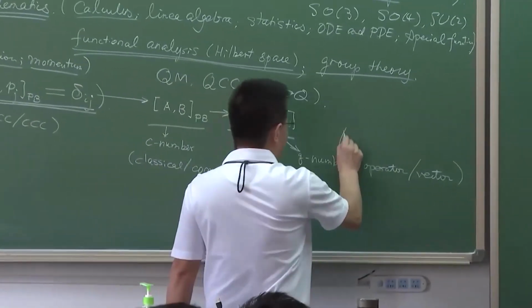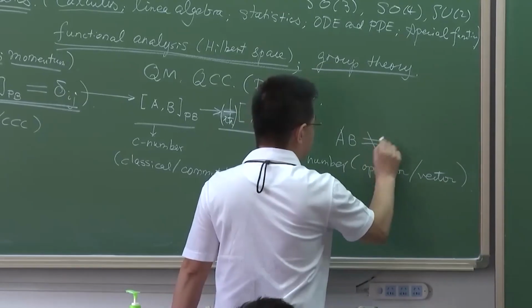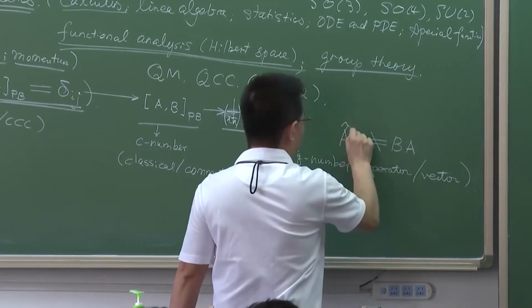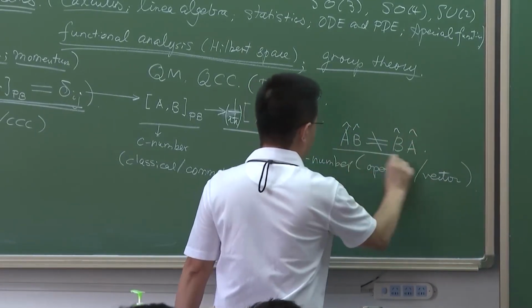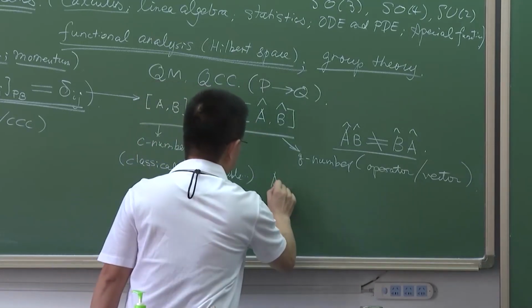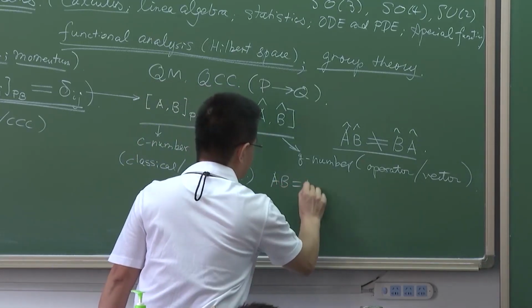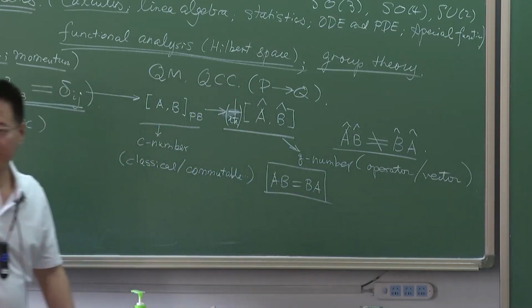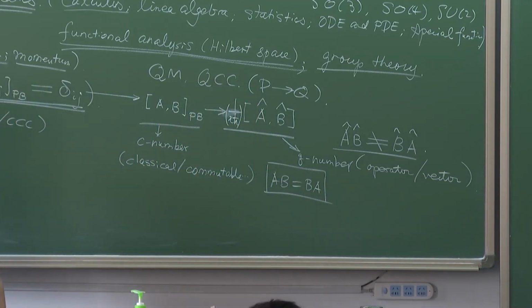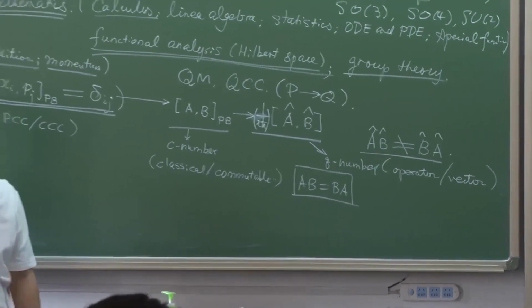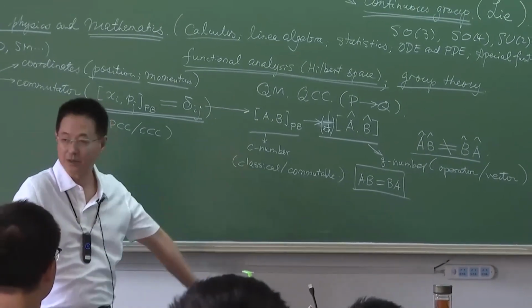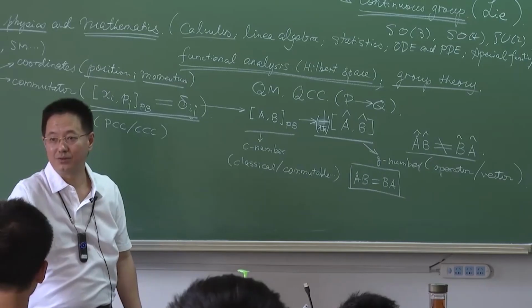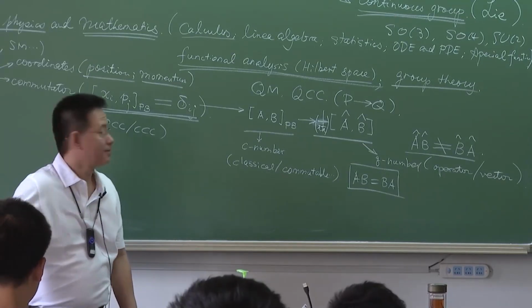So normally, AB is not equal to BA. But for the C number, we have AB equal to BA. But AB equal to BA doesn't mean that ∂A/∂q ∂B/∂p minus ∂A/∂p ∂B/∂q is equal to 0. It doesn't mean that, right?